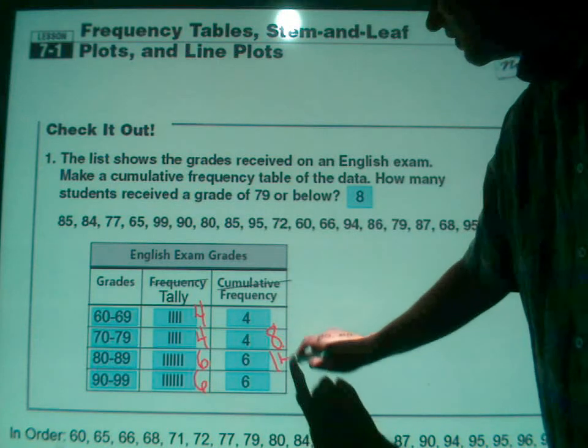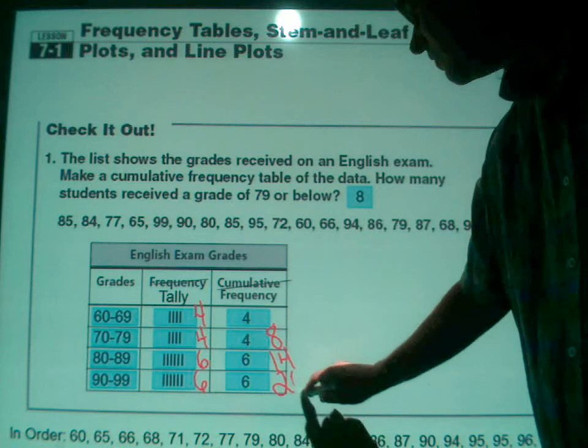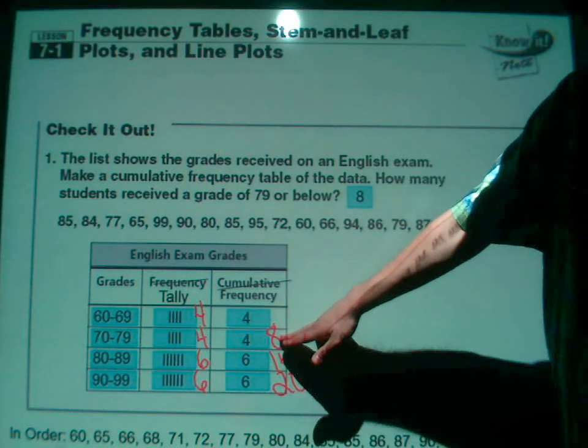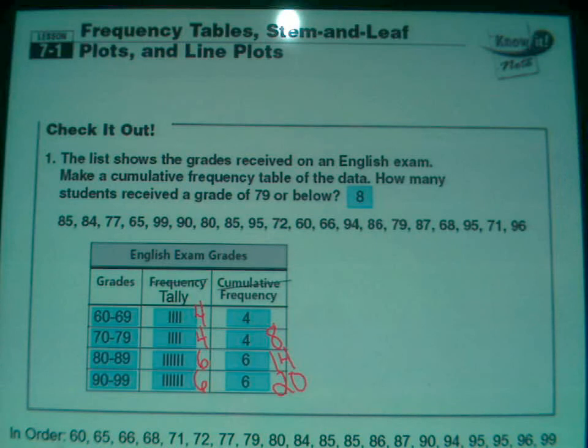This box would be 14 because 8 and 6 go together to make 14, and this final box would be 20. Remember, then we do have a question to answer, and it says how many students received a grade of 79 or below. Well, as you can see from the cumulative frequency table aspect, there was 8 when we got to the 79 number, so 8 is my answer to the question.